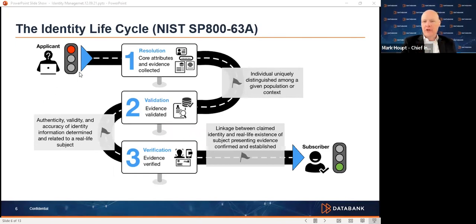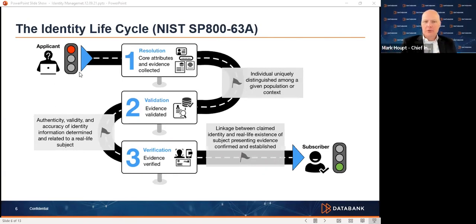What we're going to do, first of all, is take a look at their core attributes and make sure that we've collected everything that's necessary for us to identify or proof that individual and validate who they are. Because one of the things that's going on in the world right now is a significant amount of spoofing of identities.